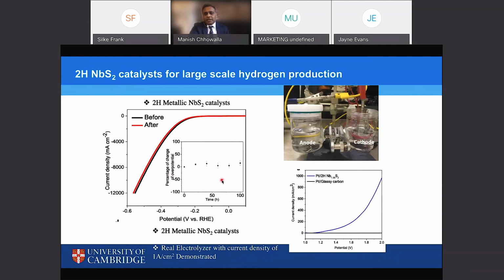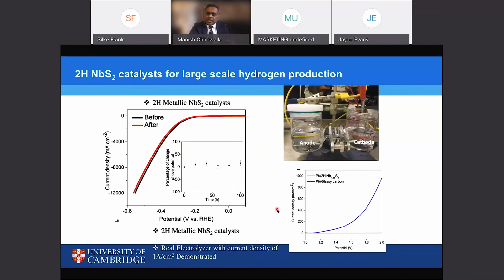So we can see that in this case, we've achieved very high current densities. In this inset, we show the percent change of the overpotential as a function of time, so running the same reaction over 100 hours. We've also done it for thousands of cycles, and in fact, it's very stable. And the electrolyzer output characteristics are shown here, and we see that we're able to achieve close to an amp per centimeter squared at 2 volts for this very crude electrolyzer without any optimization.